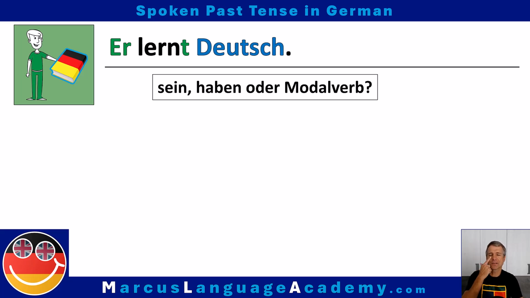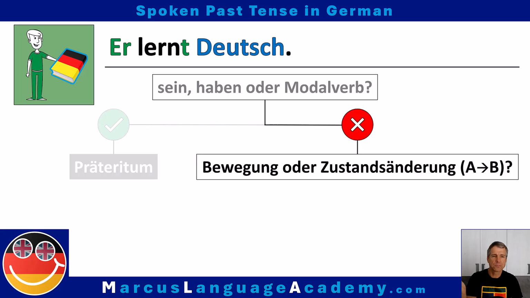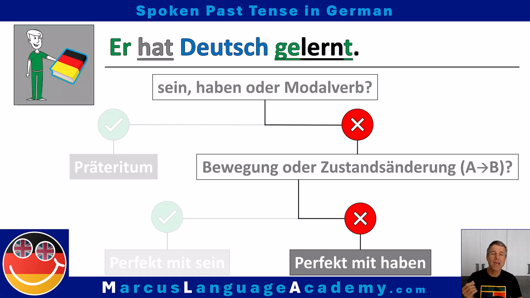But now, let's go to the past. First question, sein, haben oder Modalverb? No. Now we need to ask the second question, Bewegung oder Zustandsänderung? No, it's not a movement or displacement, and it's also not a change of state. So we have to answer this question again with no. And when we answer with no to this question, we use Perfekt mit haben.